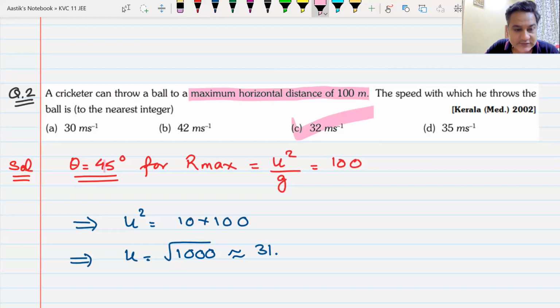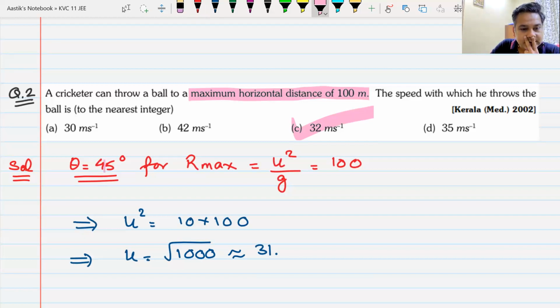So the correct answer is C, 32. Was it so difficult that you cannot do it? So difficult? Yes or no? Difficult?